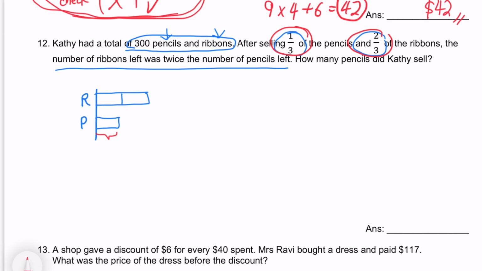Kathy had sold 1/3 of the pencils, which means this portion here would be 2/3 left. Correct? So I'm going to cut it into 2/3, and there'll be one. I add in the 1 unit that was sold. Now, does it make sense?